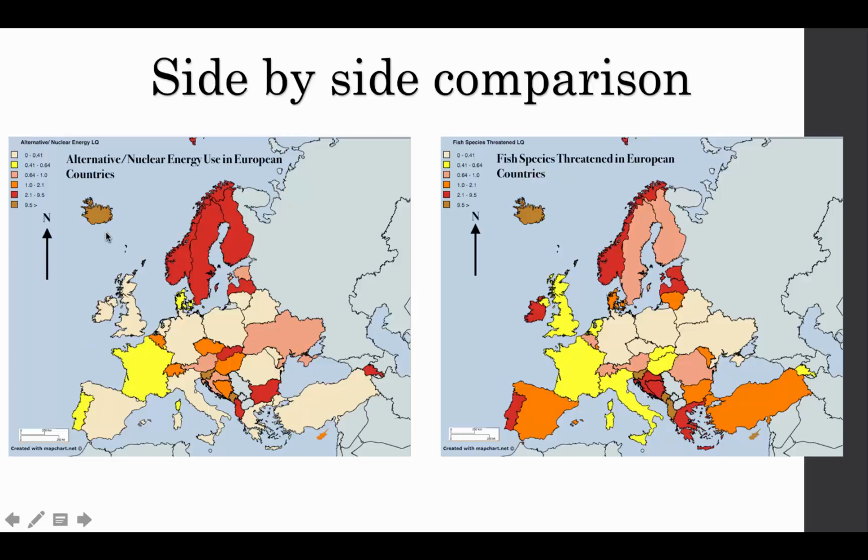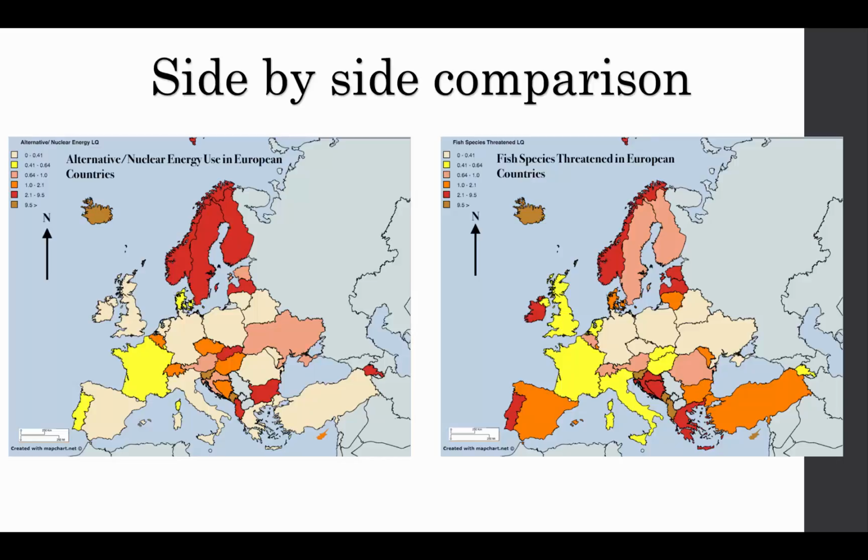As we discussed, Iceland was high in both categories, and as you can tell from the map, Germany was also low in each category. Other than that, in a couple other countries, there wasn't a surprising relationship between the two.